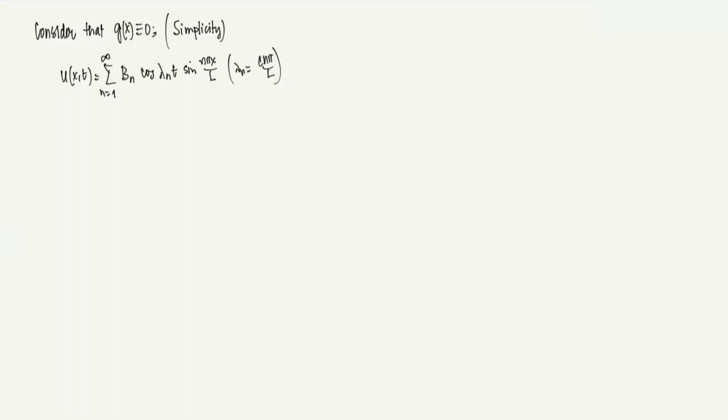Now we can actually sum this series. What I am trying to say is we can have an explicit, finite form of it. See, cosine of c n pi by l times t, times sine of n pi by l x.